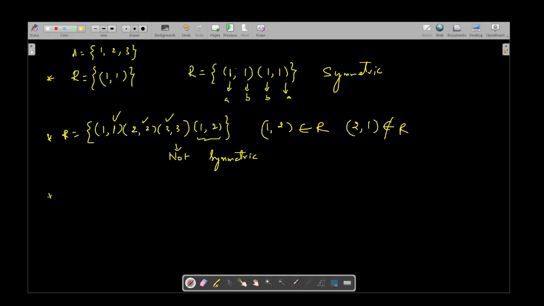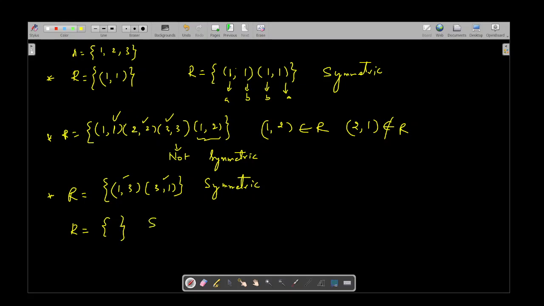Take one more example. R is equal to {(1, 3), (3, 1)}. This is clearly symmetric, because we have (1, 3), and supporting that we have (3, 1). And finally we take an empty relation.